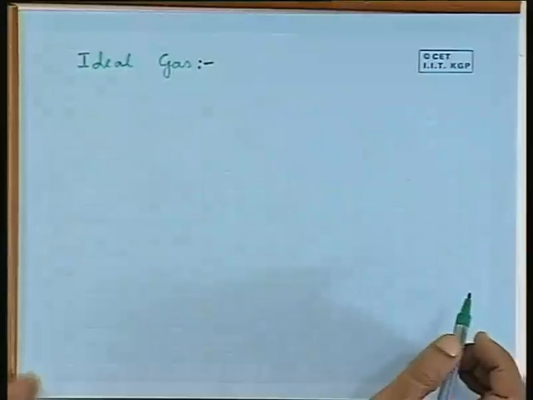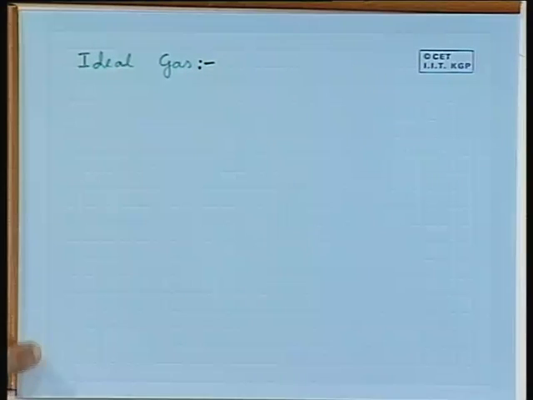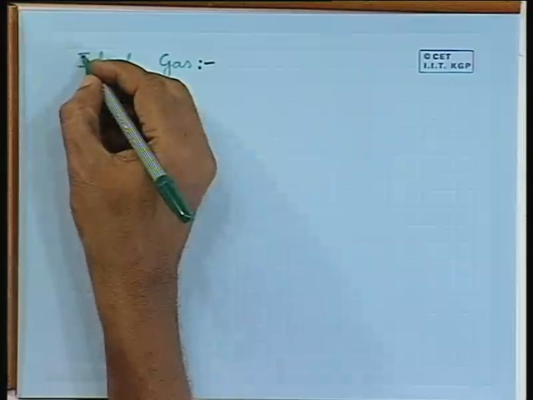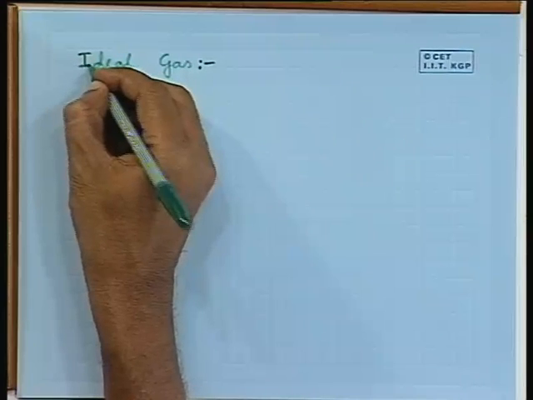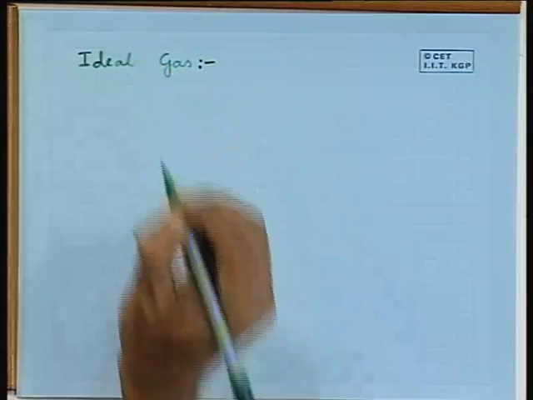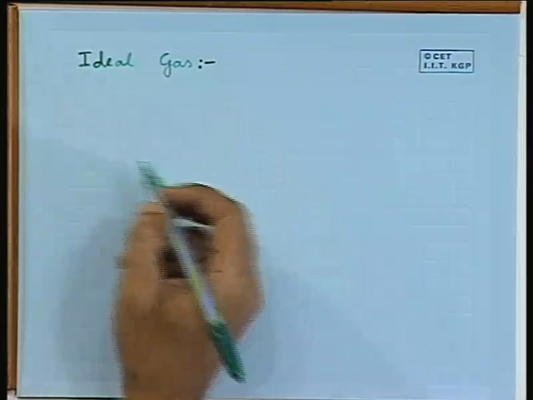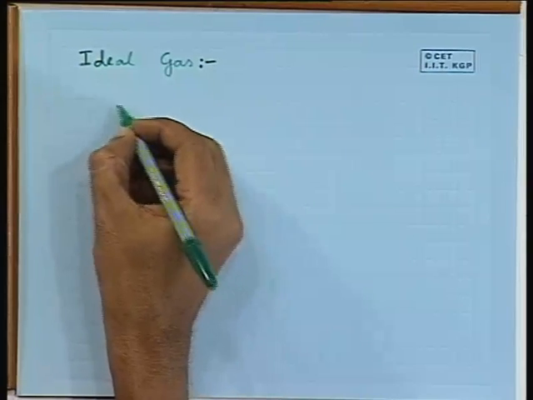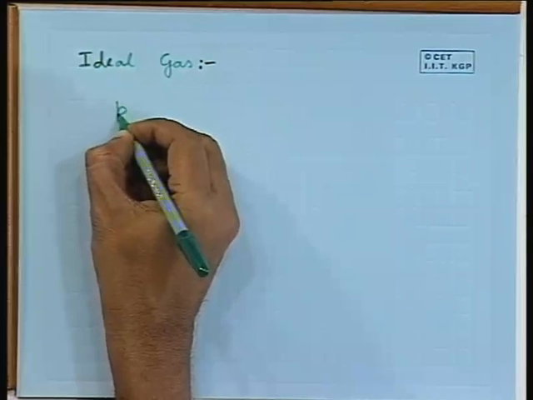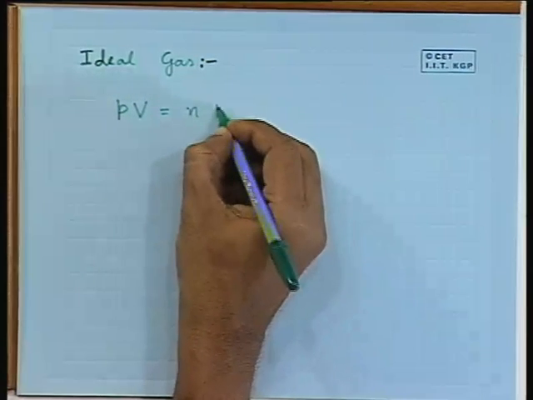But the macroscopic behavior which describes the ideal gas, that behavior we are familiar with, and that is given by a very well known law like this. For ideal gas, we can write PV is equal to nRT.